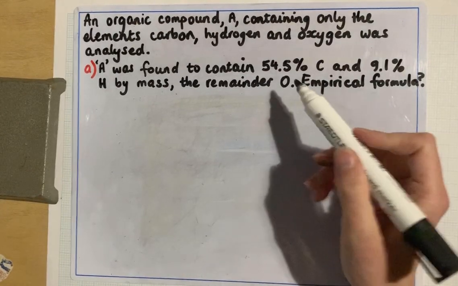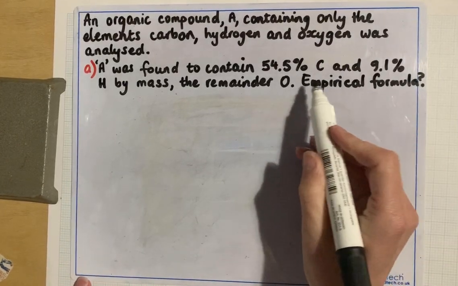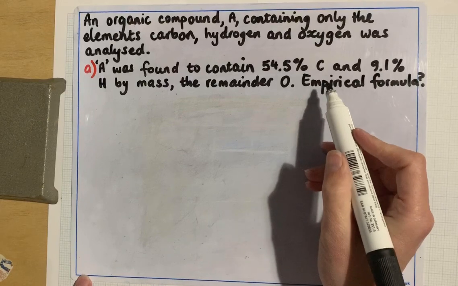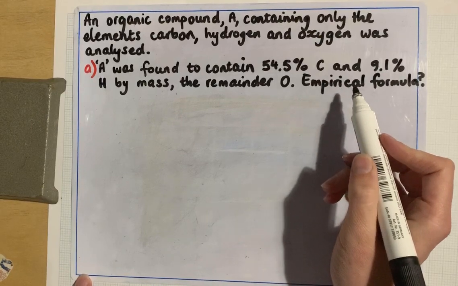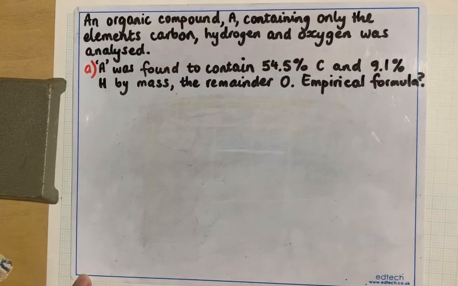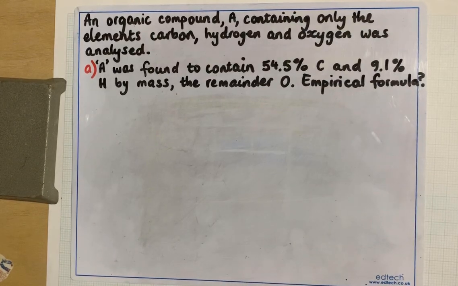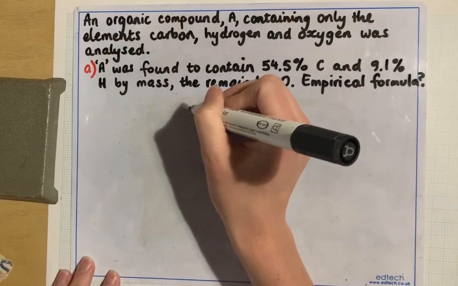So here our percentages we can just treat as mass and divide by the atomic mass, effectively the same as molar mass, and find the moles of carbon, hydrogen, oxygen, and from there we can get a ratio. So first things first, I like to use a table.